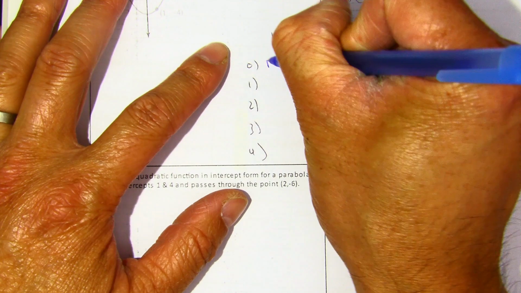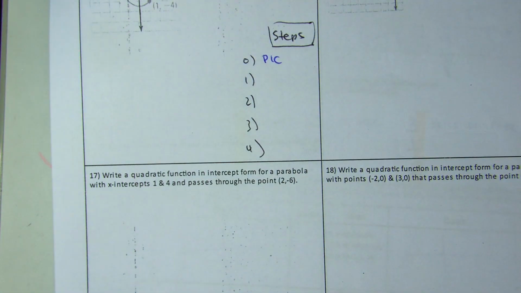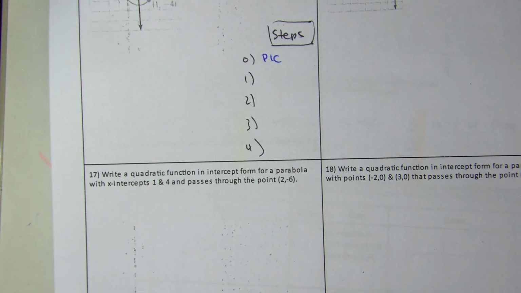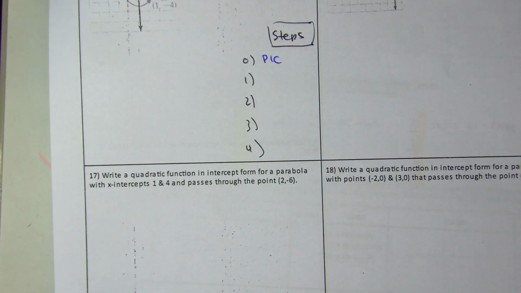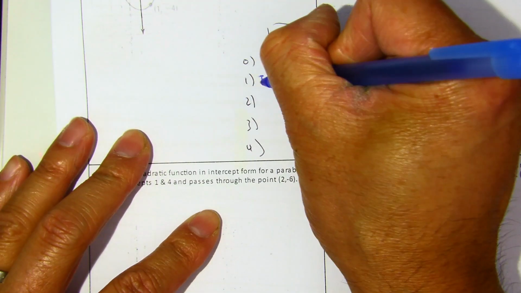Tristan, step 0. Have the picture. Let's get a picture. Sophia, step 1. ID the form. And you said what letters?